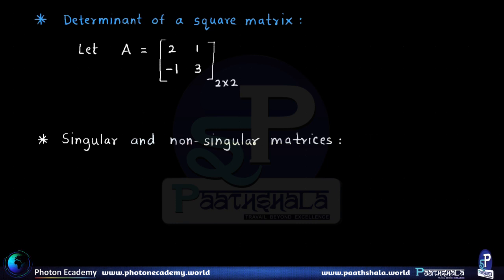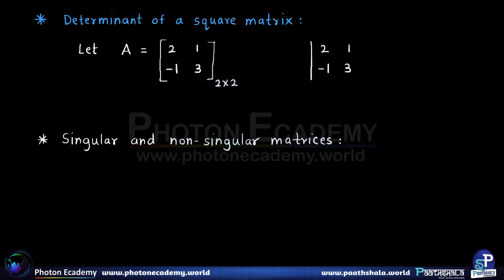By determinant we simply mean that if we write those 4 numbers in a determinant form, that is, instead of writing them in a square bracket, if we write them as a determinant, then this is what is called the determinant of matrix A, and that is denoted as A enclosed within 2 vertical lines.